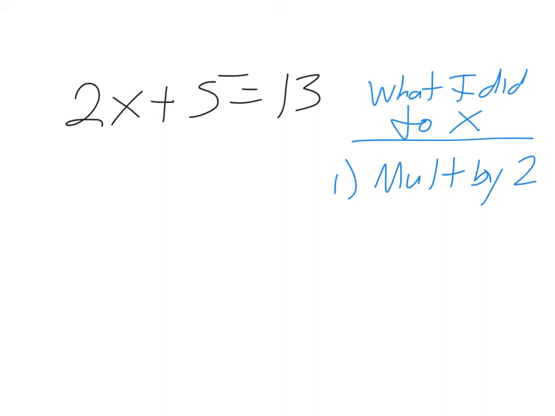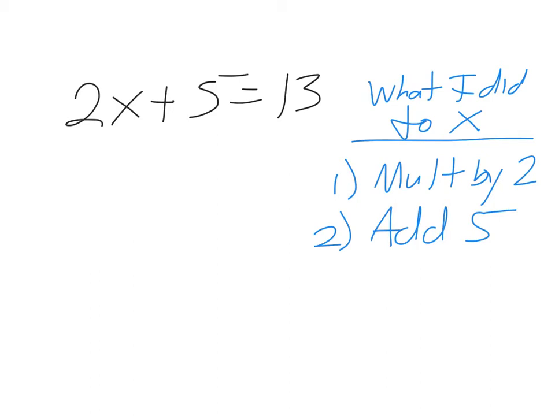So that gave me my 2x. Then it looks like I took my term of 2x and I added 5 to it. So the second thing I did was add 5.